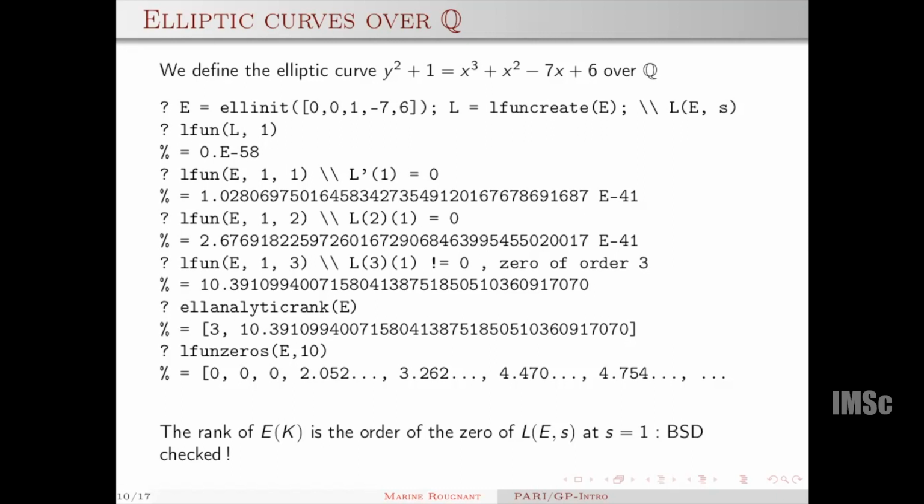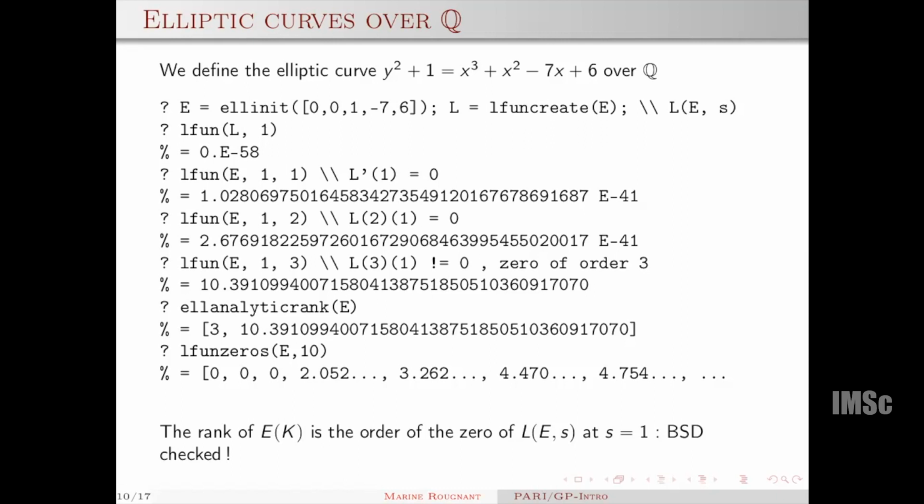So here we can check that the rank of our elliptic curve is 3, and the order of the zero of the L function at 1 is also 3. We checked the BSD conjecture.